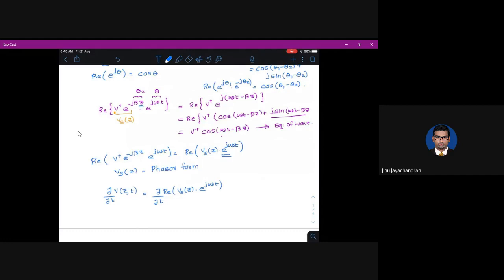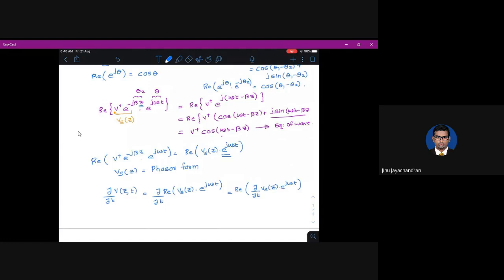Okay. So I can take the differentiation inside. So this is real part of dou by dou t of Vs of z into e raised to j omega t.